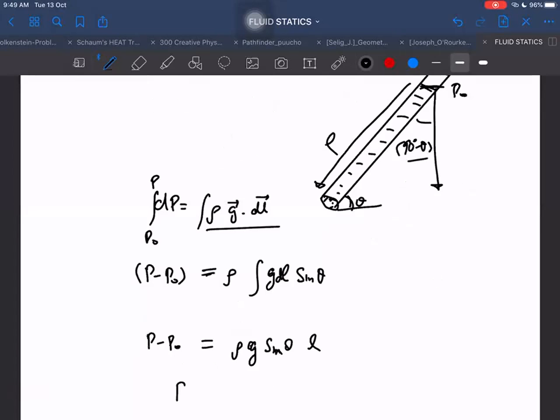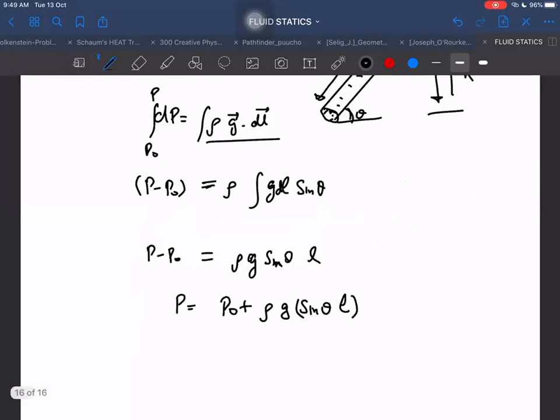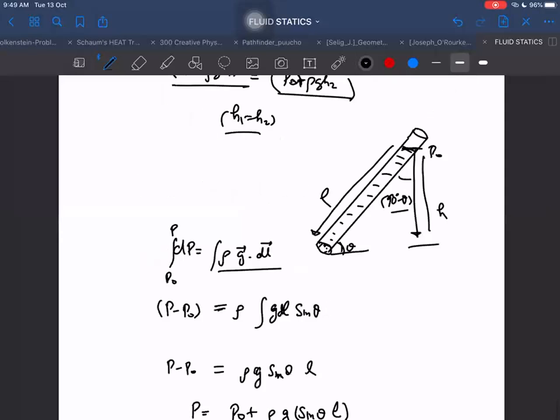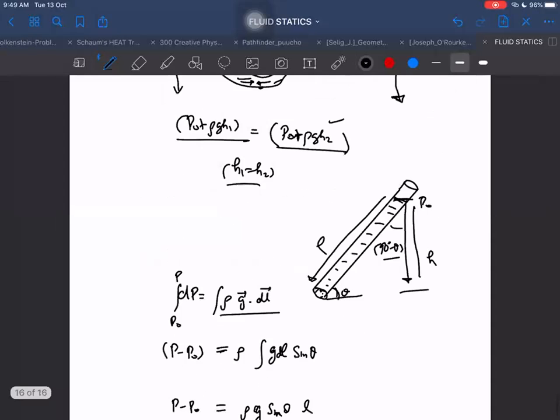So P is equal to P naught plus rho g sin theta into L. And L sin theta is the vertical height. So I could have just written it as P naught plus rho g H. I hope it is clear now, 100%.